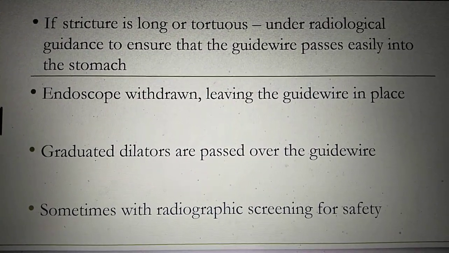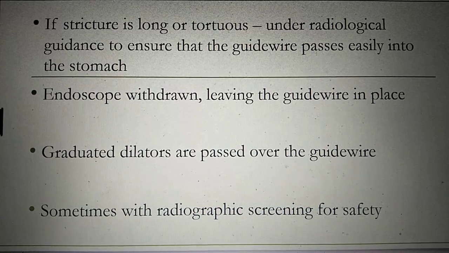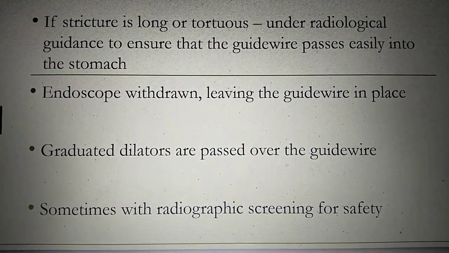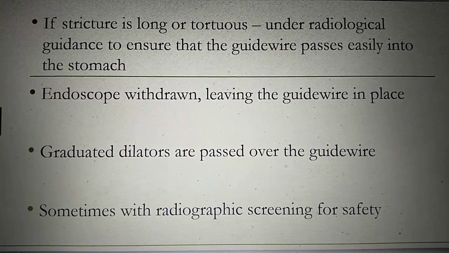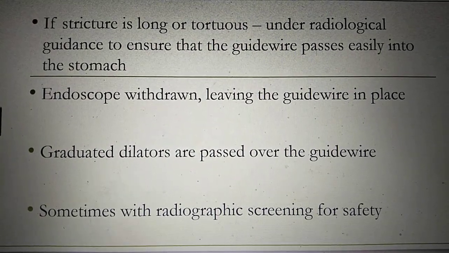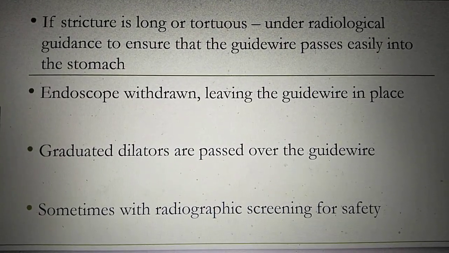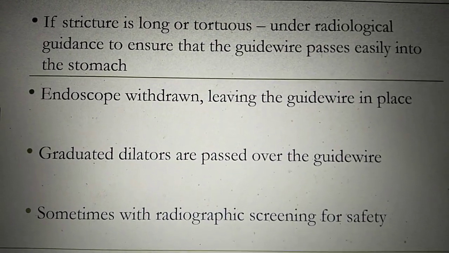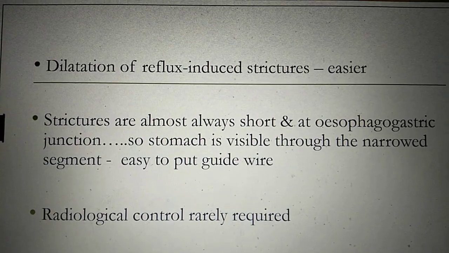Only then should the dilatation of the stricture be done. After putting in a guide wire, the endoscope is withdrawn, and then over the guide wire, graduated dilators are passed. Sometimes we may require radiographic screening for safety.